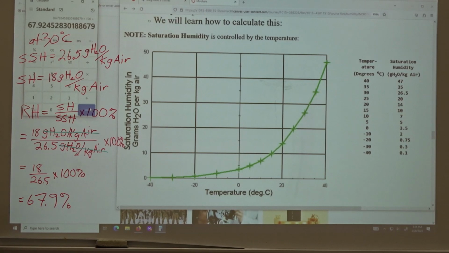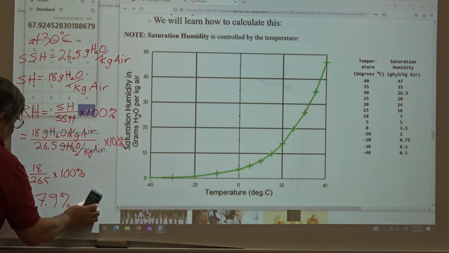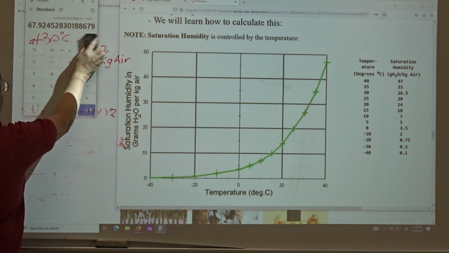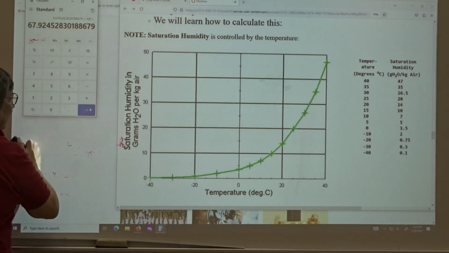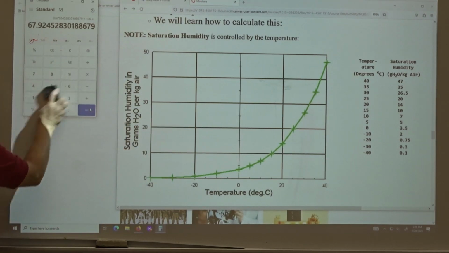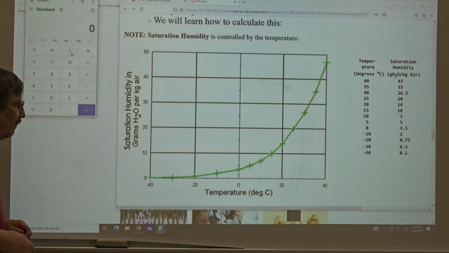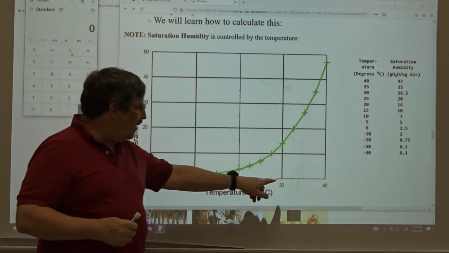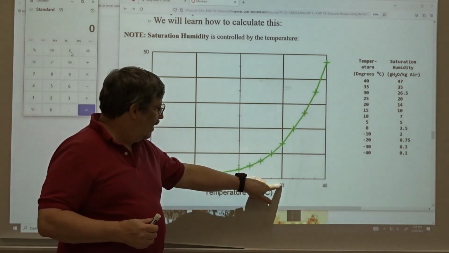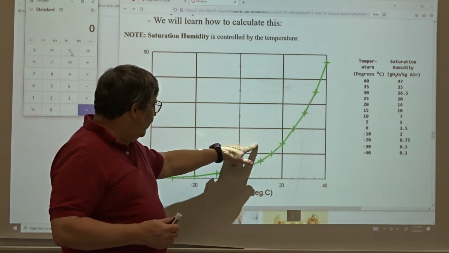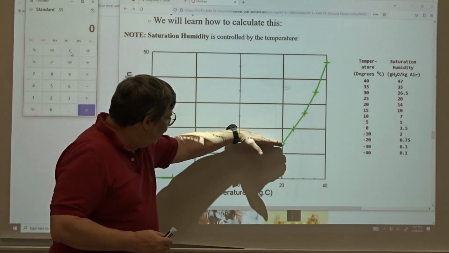Okay? Let's do another example, and we'll try to keep the calculator clear. And I'm just coming up with these numbers off the top of my head. If we start with a temperature of, say, 20 degrees Celsius, we can go up here and look at this, and it's a little bit lower than halfway.